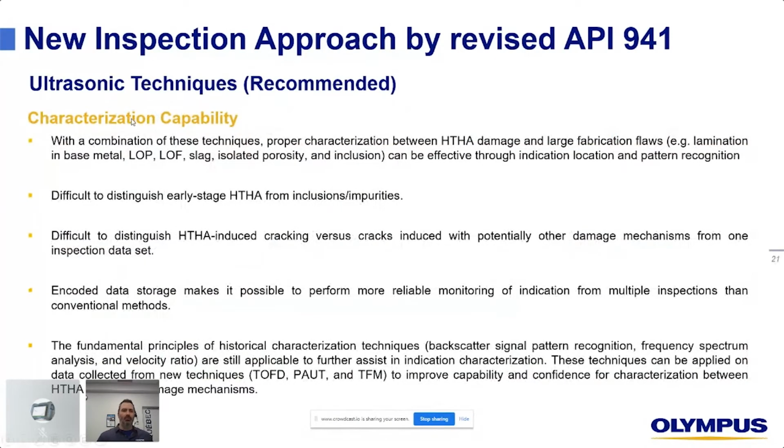Characterization capability. With a combination of these techniques, proper characterization between HTHA damage and large fabrication flaws, such as lamination in base metal, lack of penetration, lack of fusion, slag, porosity, inclusions, can be effective through indication location and pattern recognition. One of the most common questions: how do you distinguish HTHA from inclusions or porosities, impurities?